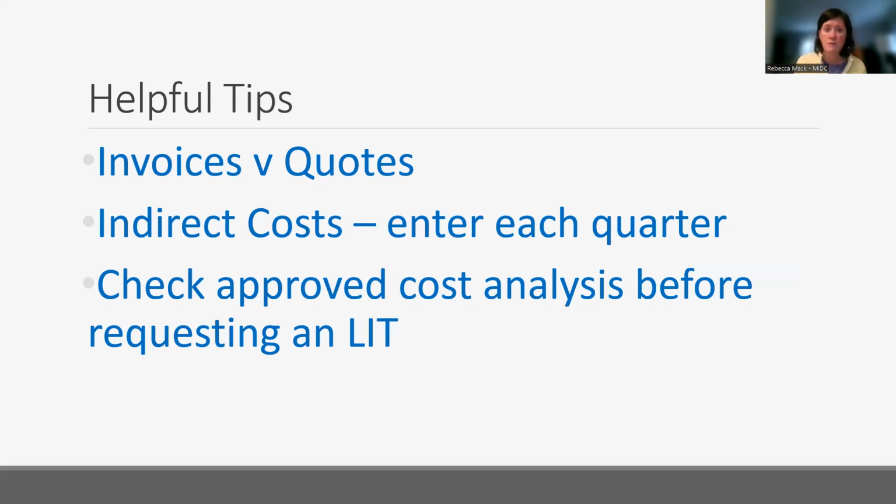Again, that's probably one of the most common mistakes. You seem to think that things like computers and phones truly are equipment, but we're at a capital level for reporting for equipment at the state, and so that threshold is $5,000.